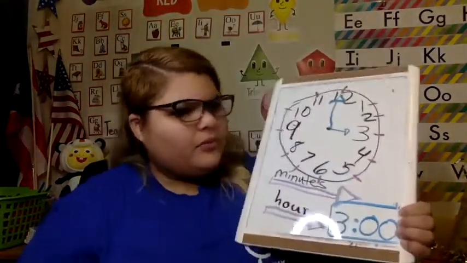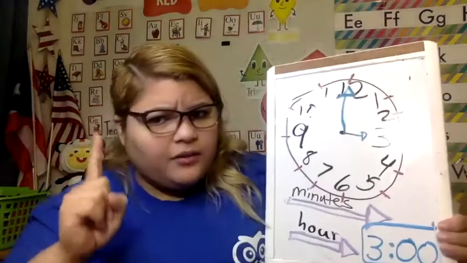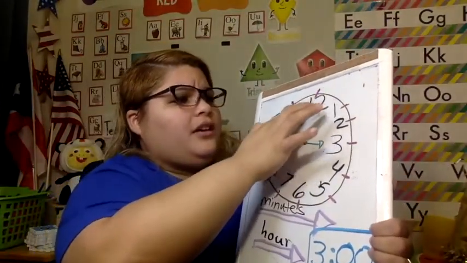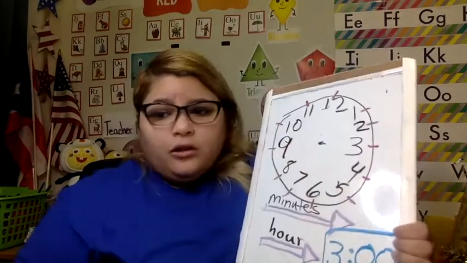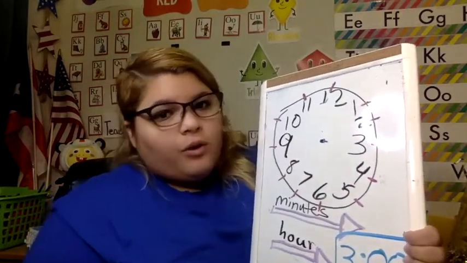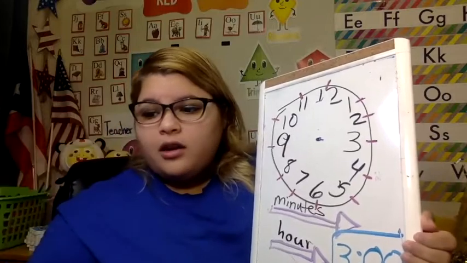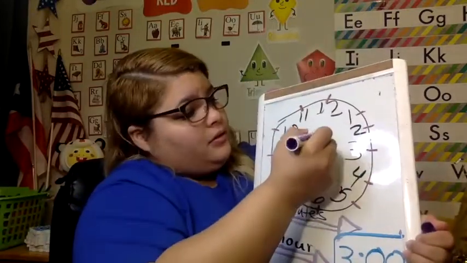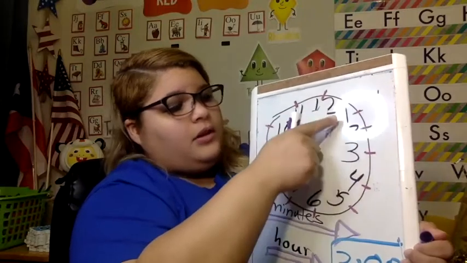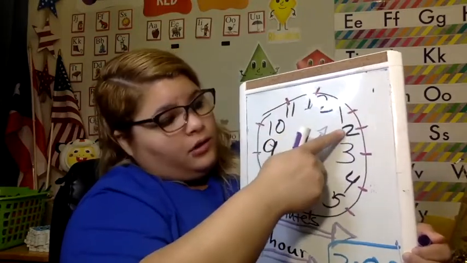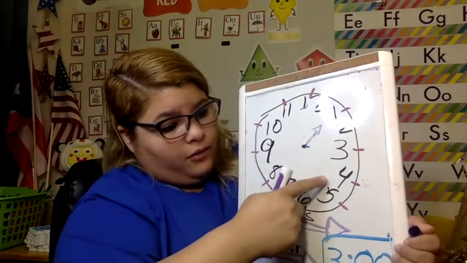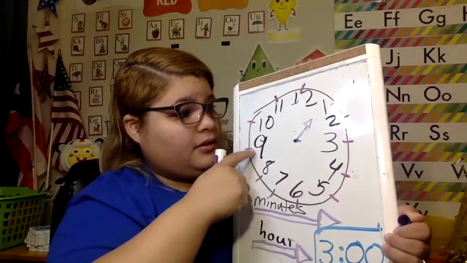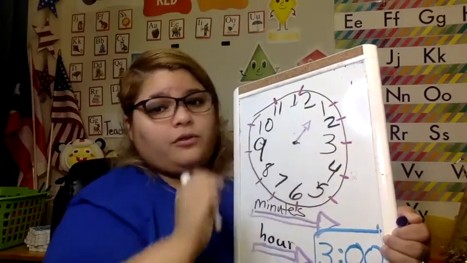Now it is very important to know that the hour hand will show the hour depending on what number it is pointing to. If it points here, hour 1, hour 2, 3, 4, 5, 6, 7, 8, 9, 10, 11, 12.